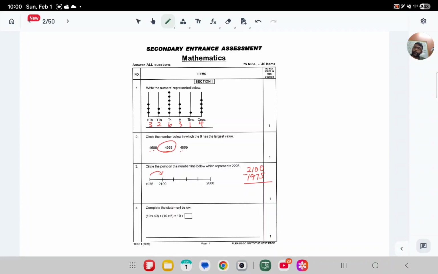If a number line is decreasing, we either subtract or divide. It was increasing by 125. So we add another 125 here, and that will give us 2,225. So the position would be this one.